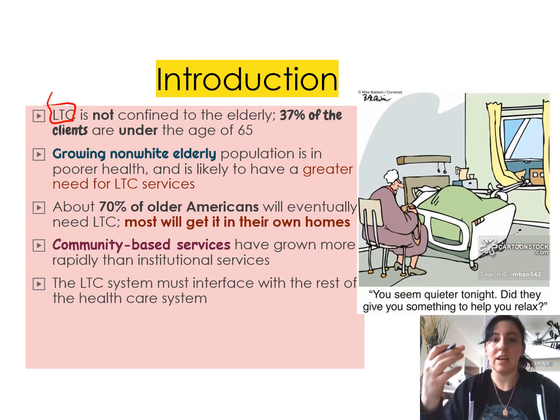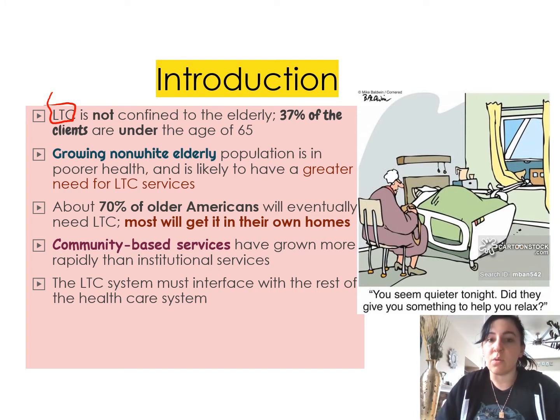In addition, this group is also the poorest, more economically disadvantaged as well. So about 70% of older Americans will eventually need long-term care services, and most of the people will be getting long-term care services in their homes.